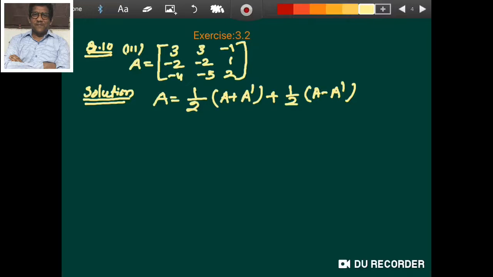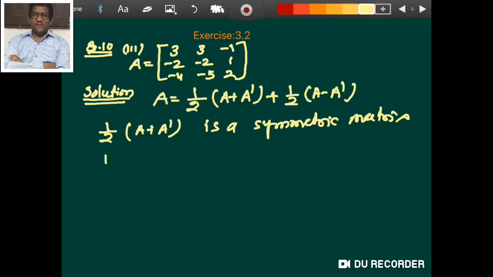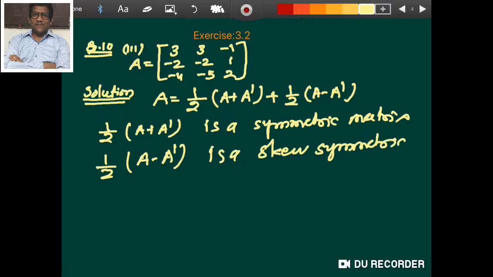Also from theorem number 2 we know that half of A plus A dash is a symmetric matrix and half of A minus A dash is a skew symmetric matrix. So here we have to find the matrix half of A plus A dash and half of A minus A dash.